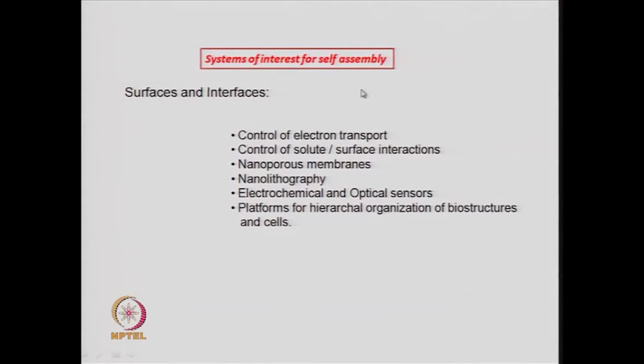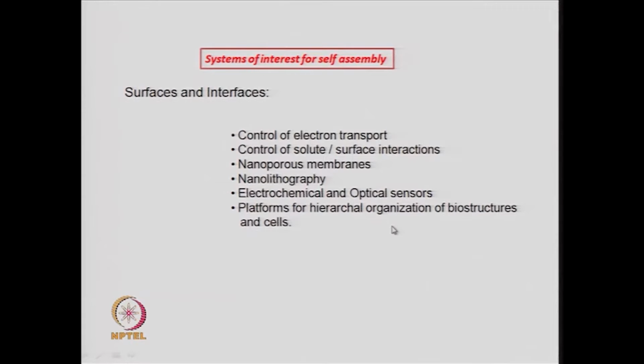Then you are interested in self assembly for various electrochemical and optical sensors, and self assembly also leads to structures which are platforms for hierarchical organization of biostructures and cells.